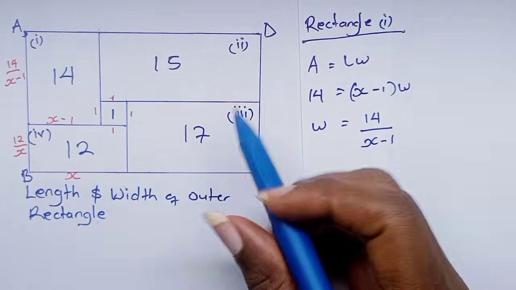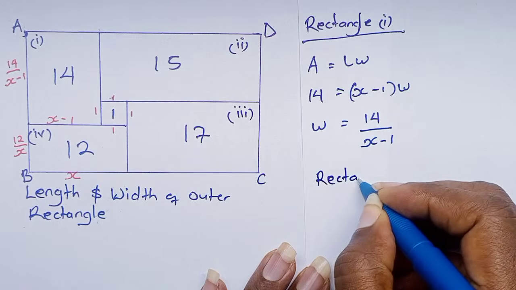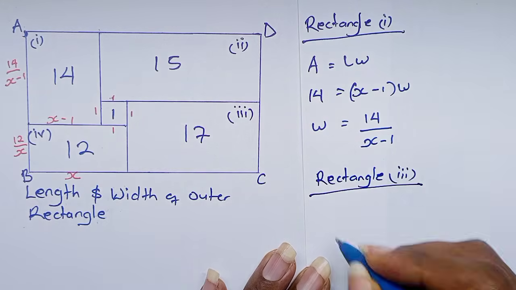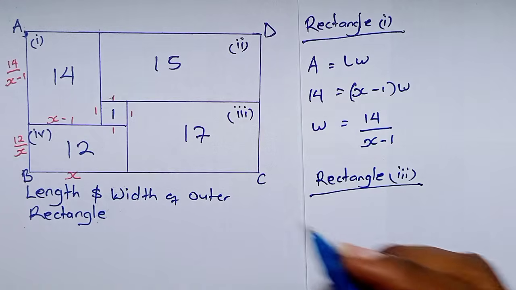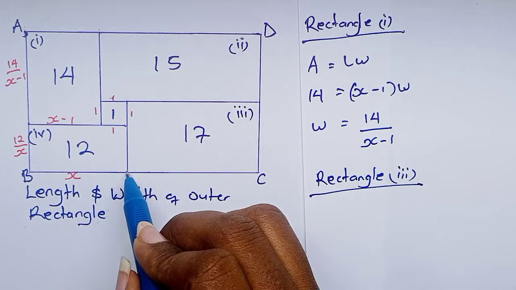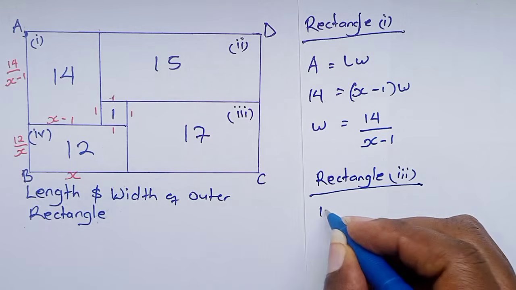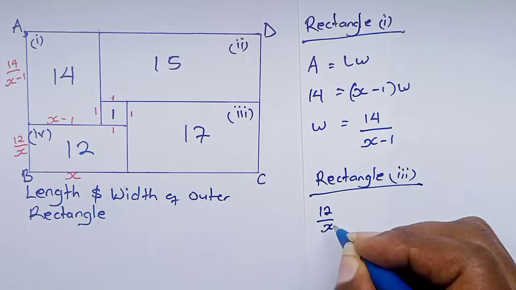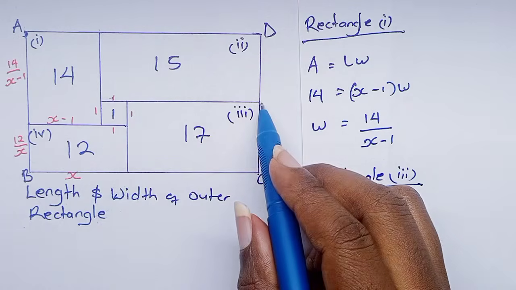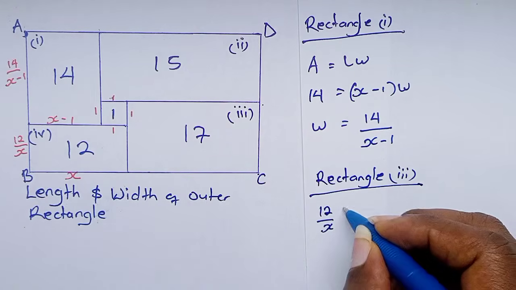Next, let us consider rectangle 3. Now, in rectangle 3, since from this point to this point is 12 over x, and from here to here is 1, the meaning from this point to this point will be 12 over x plus 1.